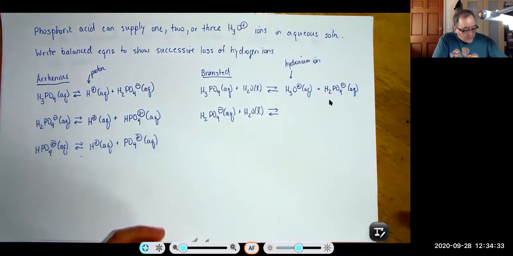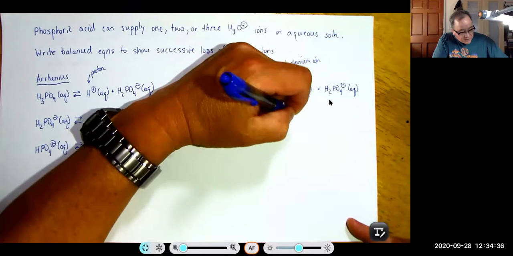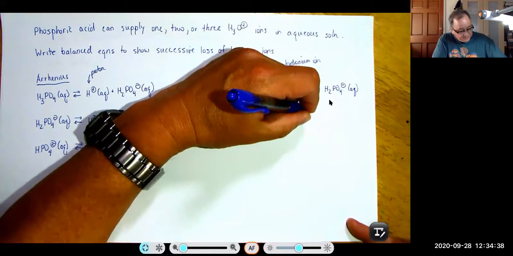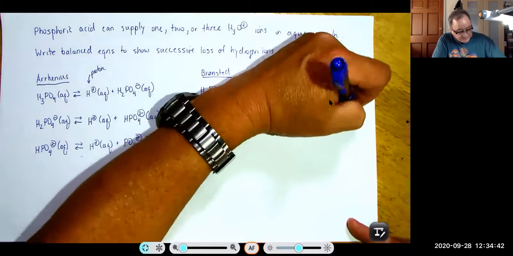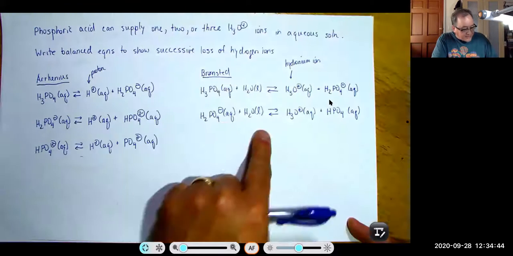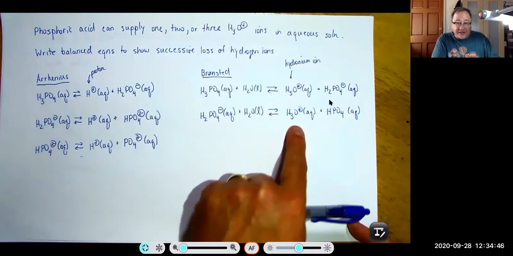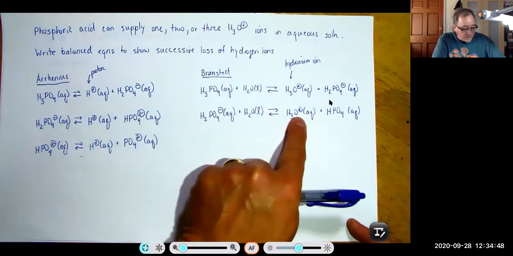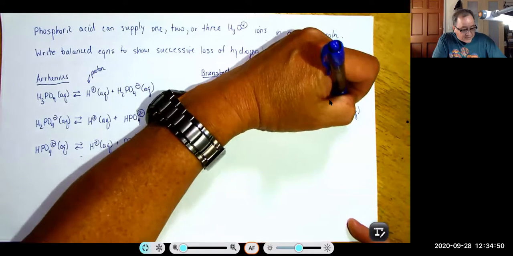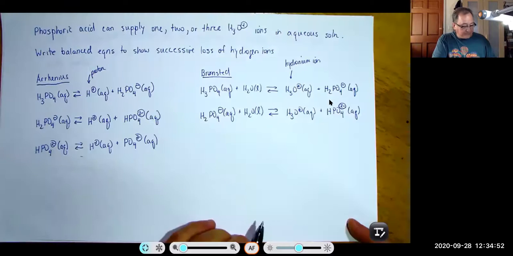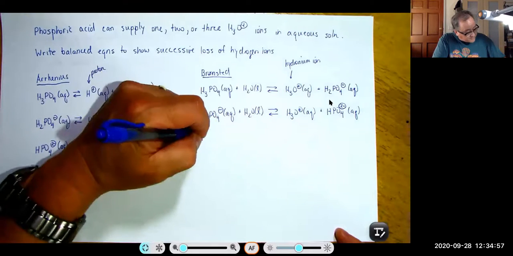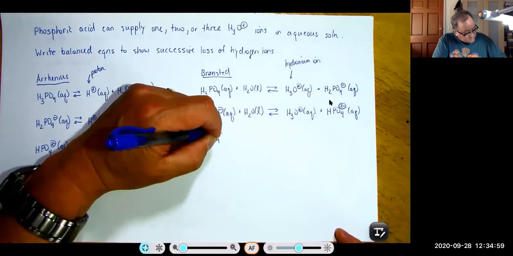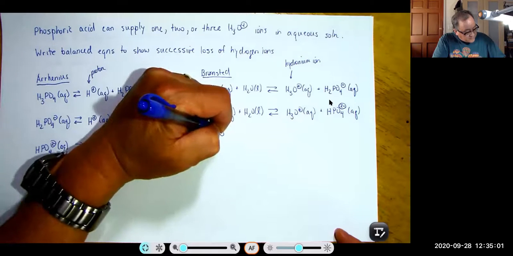Okay, so we're going to write H3O plus aqueous plus HPO4 aqueous. And since this side adds up to -1, I want this side to add up to -1. So I'm going to put -2 there. Then we're going to start with this. This is an acid. -2.